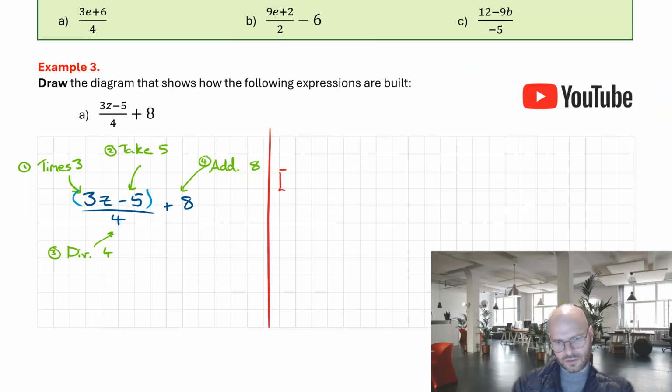Starting off, a variable that we're working with is z. Z is going to turn into 3z, because we multiply it by 3.